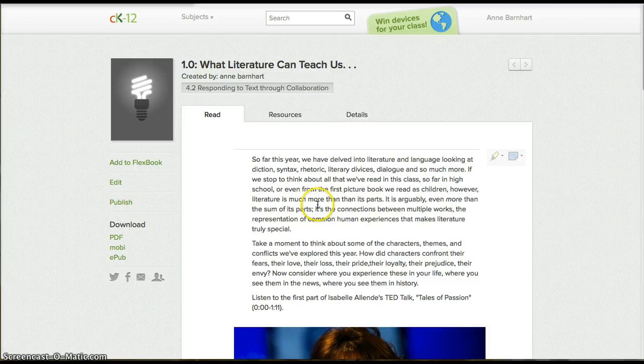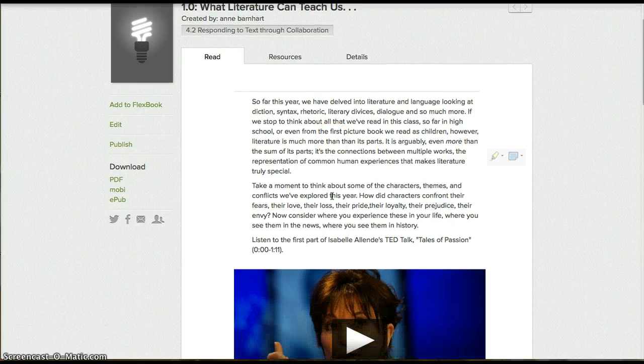And so the group of people that got together to create this unit originally asked the question, how can we become a literate community and build on one another's ideas as we talk about the kinds of literature and ideas that we've been talking about all year.